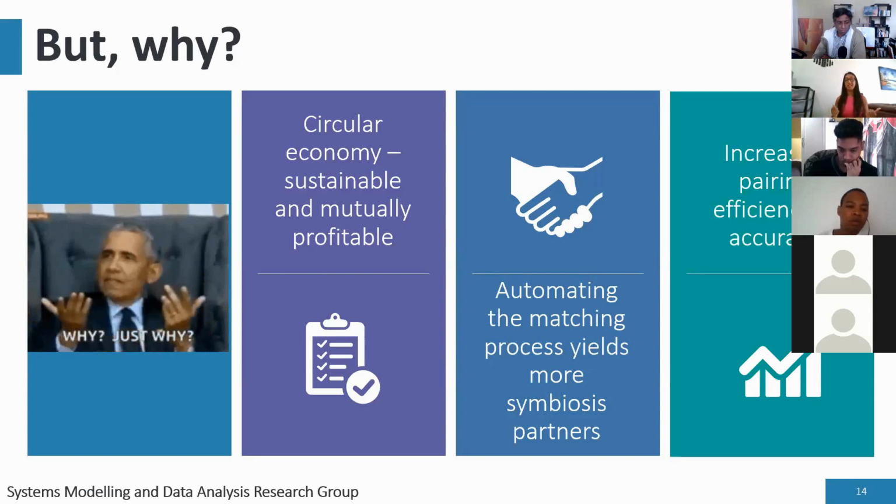Also, as I mentioned, automating it is much more efficient and accurate than doing it manually, by going and speaking to people and emailing each other process descriptions and stuff like that. So this takes the human aspect out of it and has everything done for us. So that's really what we're looking for here.